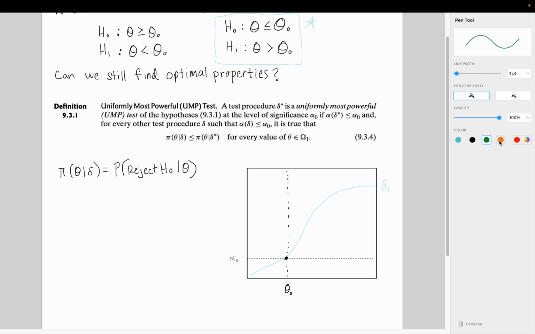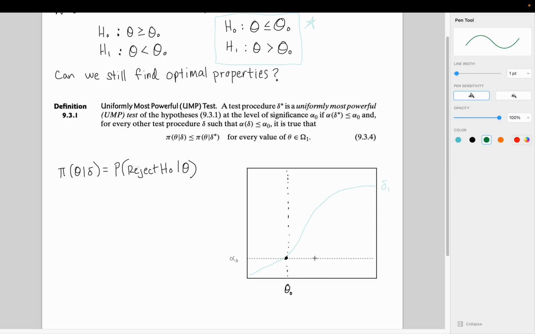For instance, one that's a little bit silly: suppose alpha naught is 0.05, so about a 5% chance. Let's say I get a 20-sided die, and it doesn't matter what data I have or what the true parameter is. I roll this die, and if I roll 1, I reject my null hypothesis. If I roll anything else, I fail to reject.